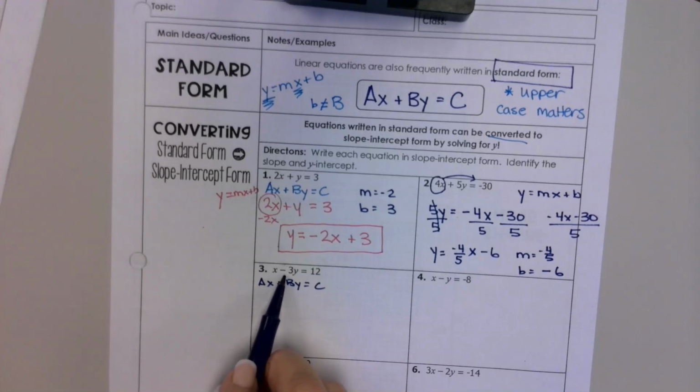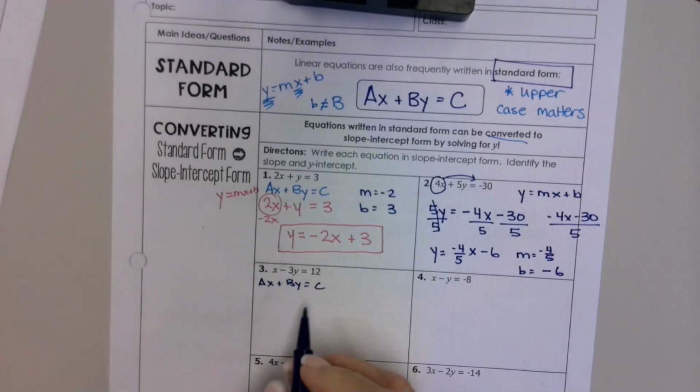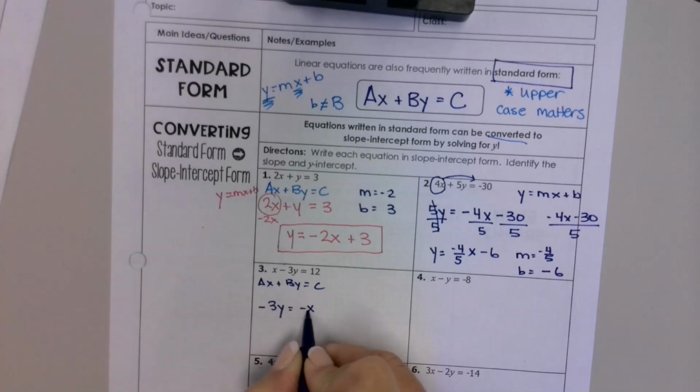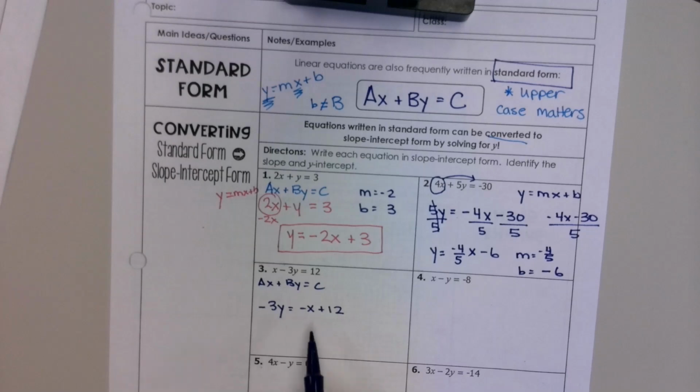So my b term here is negative 3, my uppercase b. All right? So again, I move the x to the other side, so I have negative 3y equals negative x plus 12. And y'all, order matters on this, so you can't say 12 minus x. Okay? So now I'm going to divide everything by negative 3.